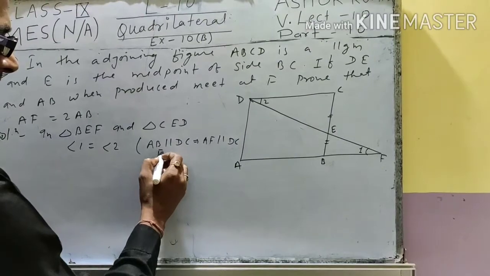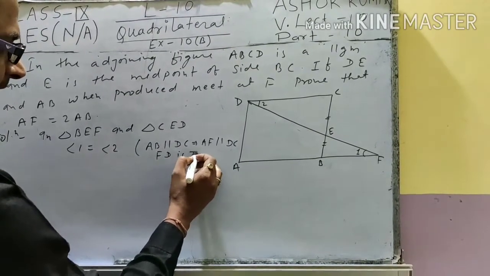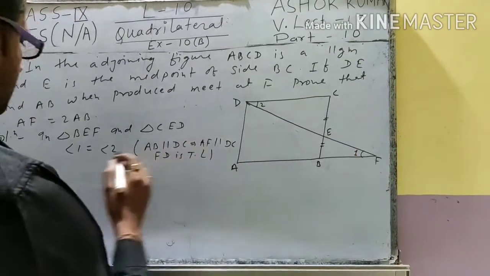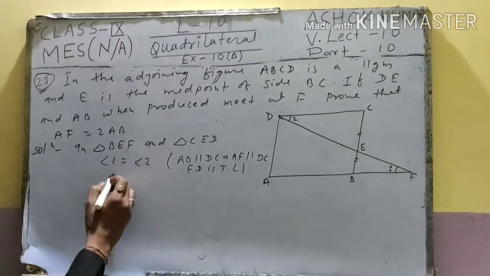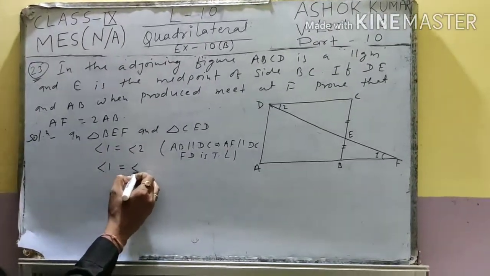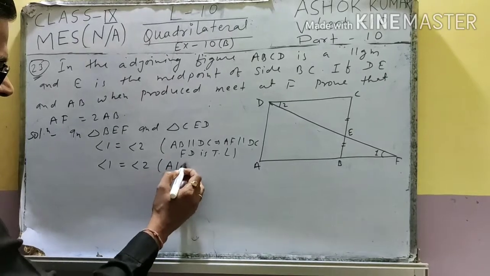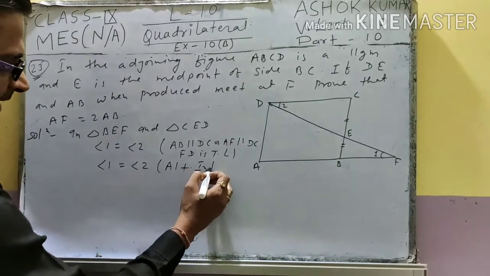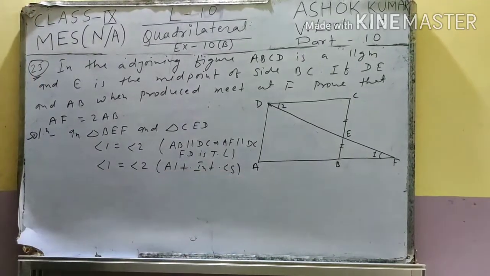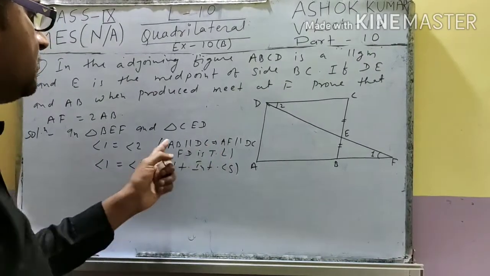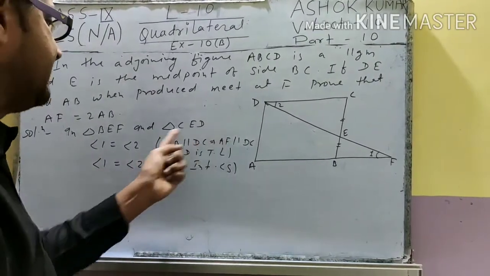Angle 1 is equal to angle 2. The reason is alternate interior angles. By alternate interior angles, angle 1 is equal to angle 2.